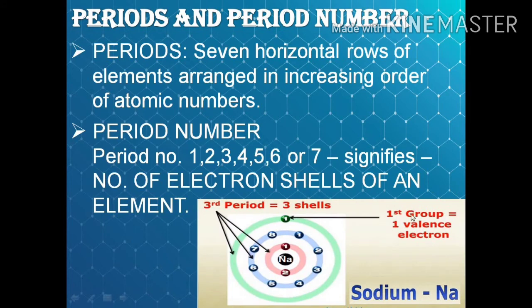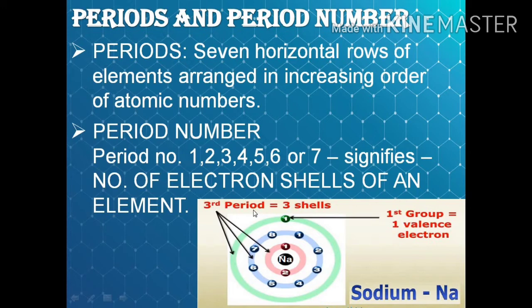Now here you can see we have the third period with 3 shells. Sodium belongs to the third period, and that has 3 shells: the first shell with 2 electrons, second shell with 8 electrons, and third shell with 1 electron. So the period will always be the number of shells in an atom, and the group will be the number of valence electrons.